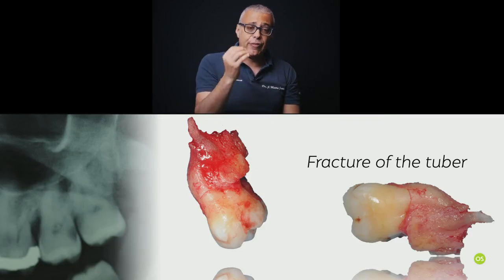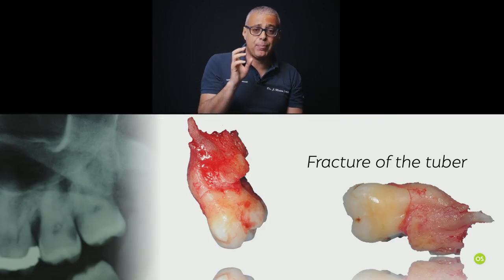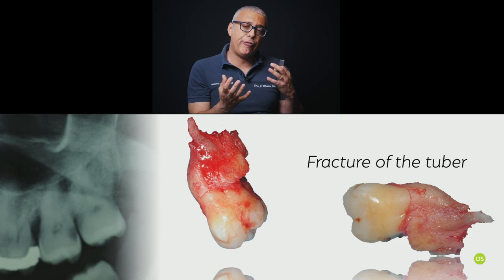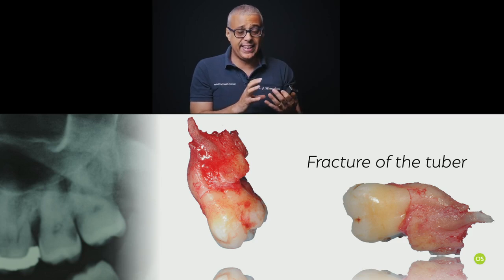So we can fracture the tuberosity, for example, if we have a complex anatomy of the root, or if we apply a force which is too strong in that area.